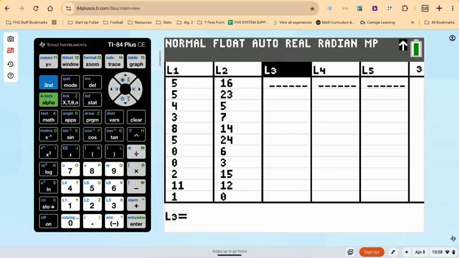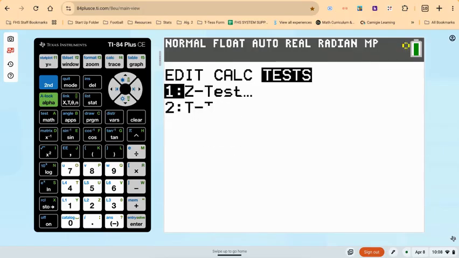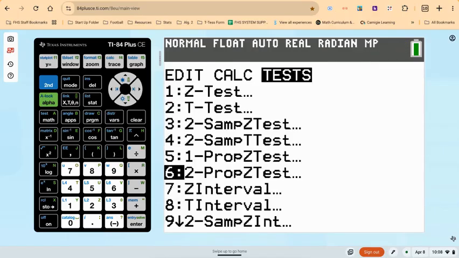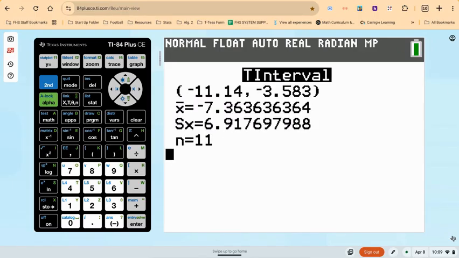Again, I just always do list 1 minus list 2. Calculate that. This time when we're running this test, it is going to be number 8, because that's the t interval. Okay, I have data. It's awesome because my list 3 is already in there. If it wasn't, you would change that to list 3. Keep frequency the same. We want 0.90 as my confidence level, and then I hit calculate.